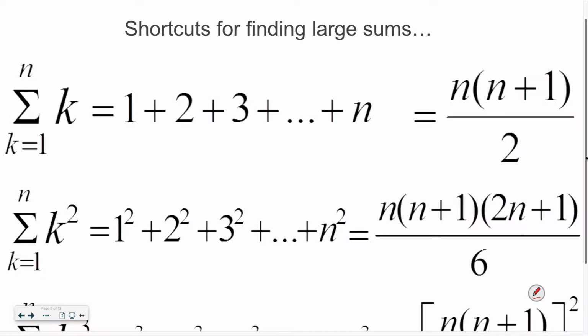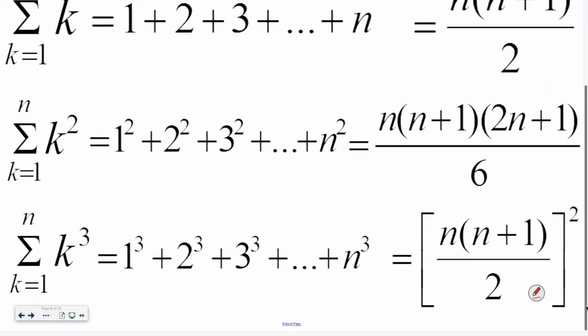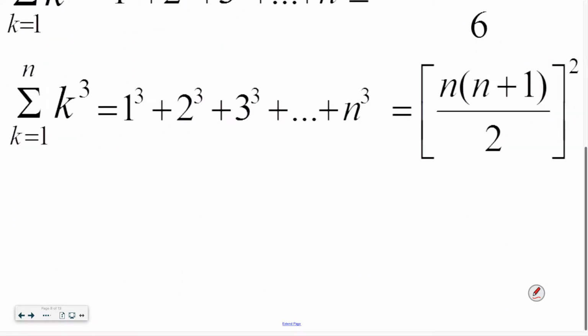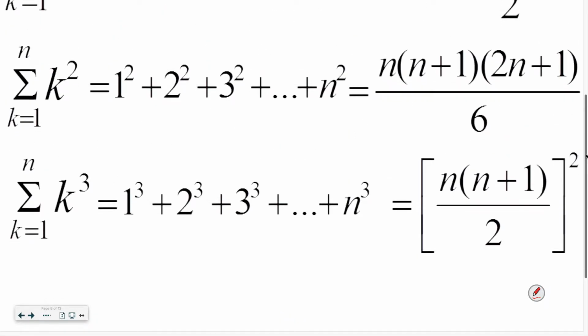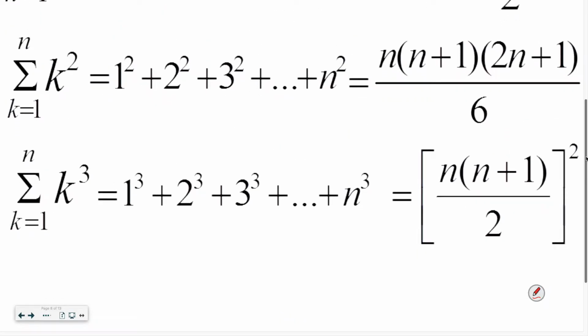Is everyone done at least with the first one where I can scroll down? You'll still be able to see the k squared one. This looks familiar, right?